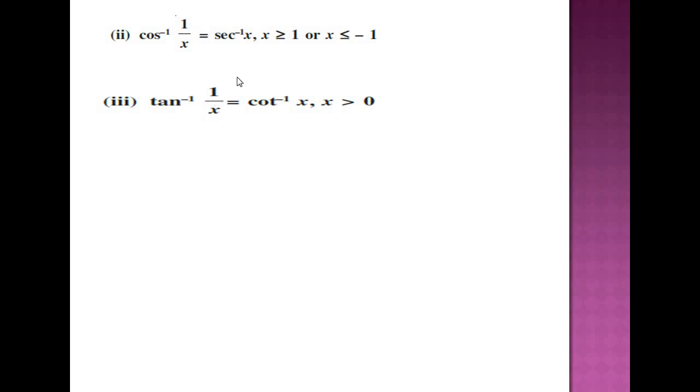Similarly, tan inverse of 1 by x is cot inverse of x for all x greater than 0, or I can say that cot inverse of 1 by x is tan inverse of x. Again, they comply with each other, right? So these two results can also be proved by the same method we used for showing sine inverse of 1 by x as cosec inverse of x. You can try for yourself.